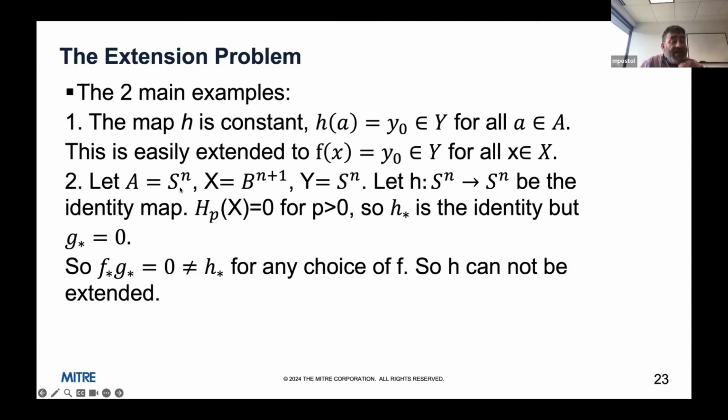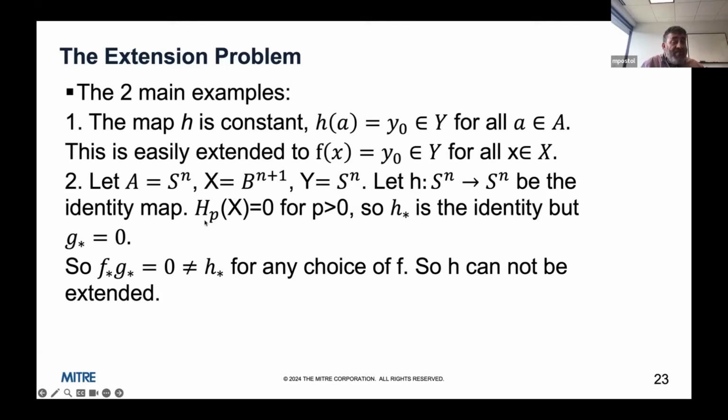Now if A is S^n and X is B^(n+1), so X is pretty much A with its interior, and let Y equal S^n. So we have a map from S^n to S^n, which is just going to be the identity. And we want to know, can we extend it to the entire ball?